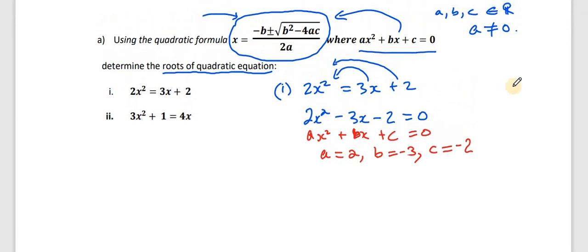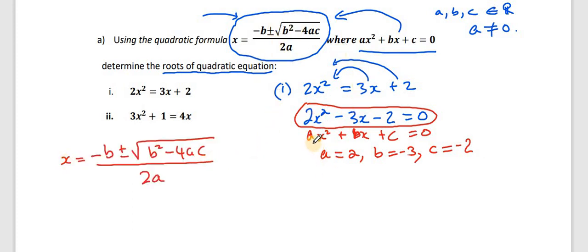All right. Next step. We've got the equation equal to 0. But in order for us to use this quadratic formula, we must identify the values for a, b, and c. Because if you notice, this quadratic formula actually uses what?